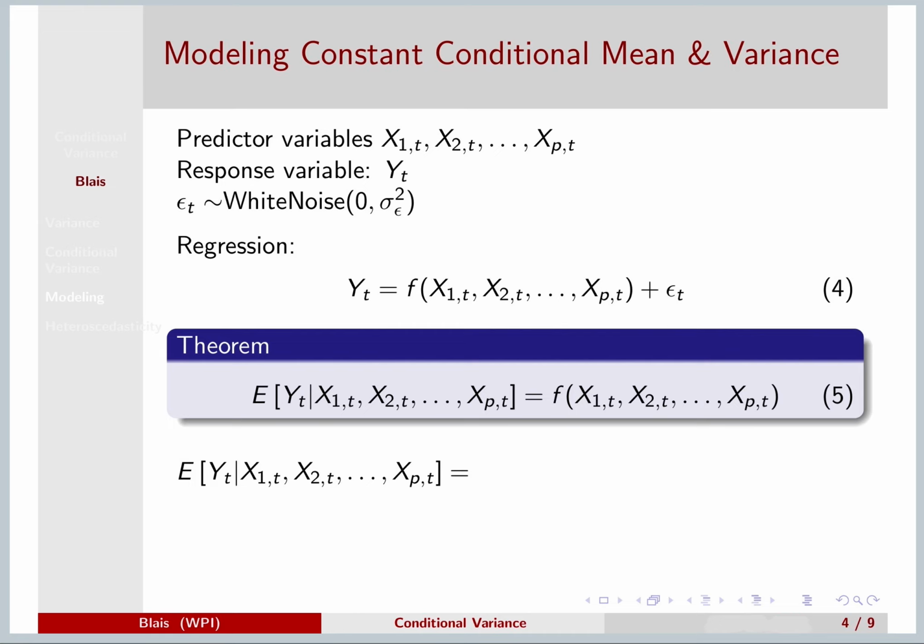Now, when we look at modeling, we know a standard approach is really regression. And so in that case, we have p predictor variables, so x1, x2 up through xp, each one at time t. And we have a response variable yt.